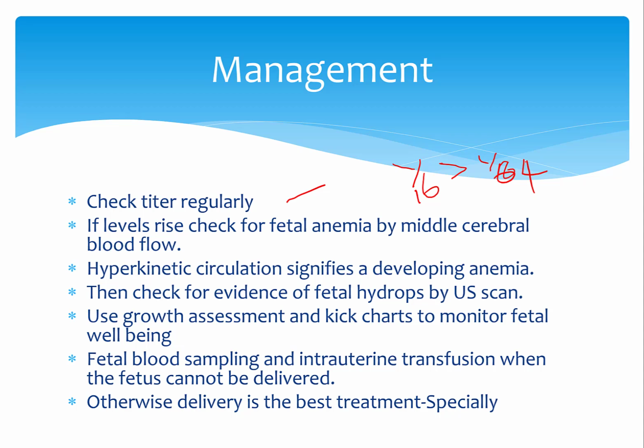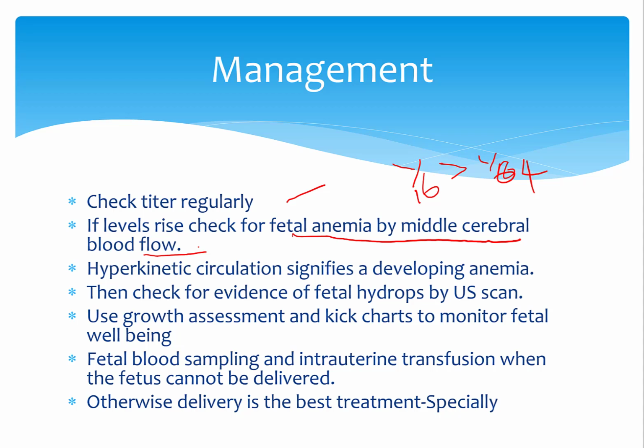Once you detect that the antibody titer is rising, repeated measurement of antibody titer is not that useful in clinical management of the baby or the fetus. So we start following those fetuses regularly, most of the time weekly or every second week, for signs and symptoms of fetal anemia. That we do by checking the middle cerebral blood flow.